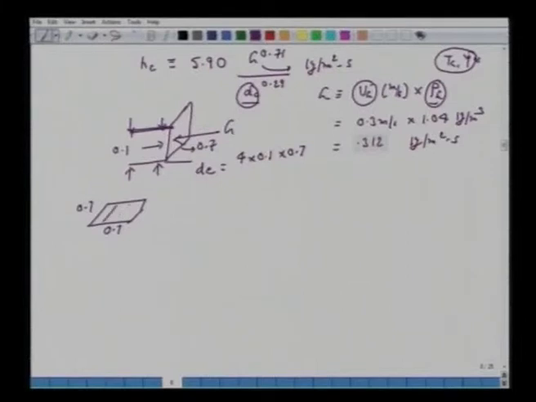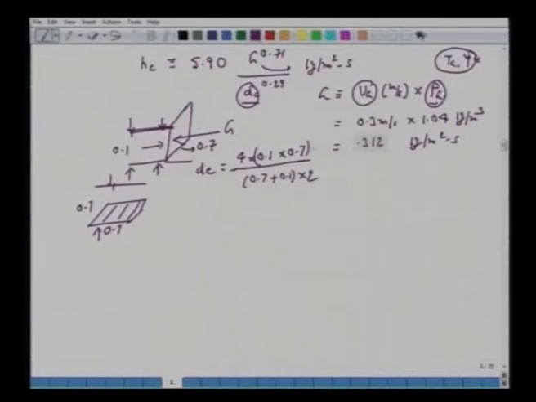So 4 into 0.1 into 0.7 is the cross sectional area term, divided by the wetted perimeter, 0.7 plus 0.1, into 2.